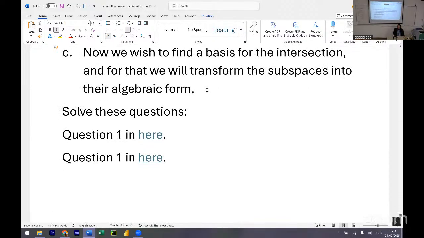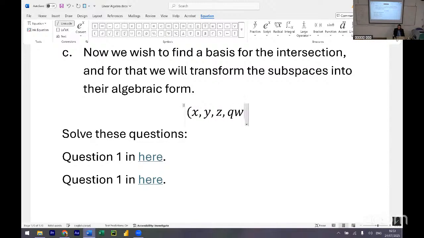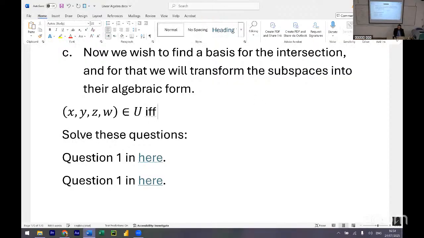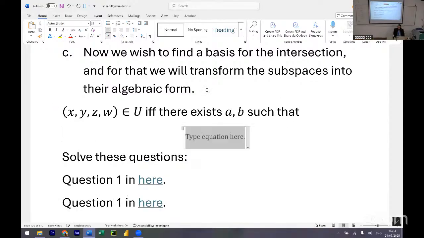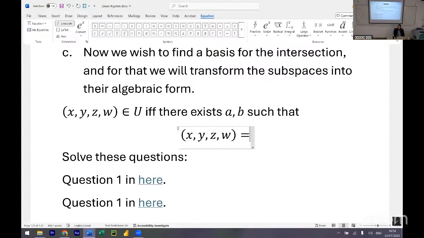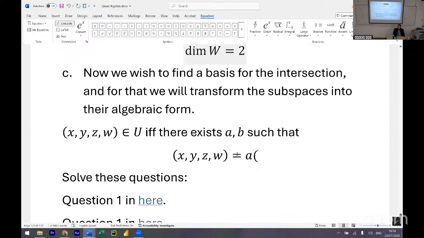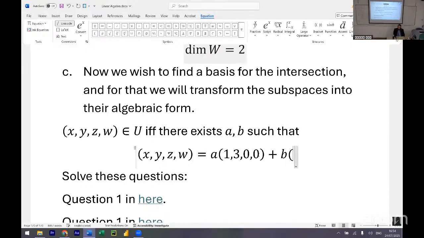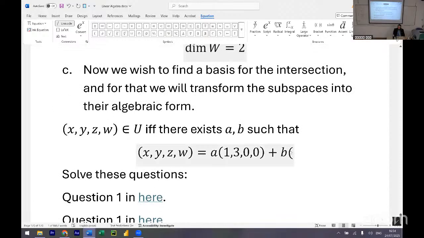So I'm writing x, y, z, w is within U if and only if there exist A and B such that x, y, z, w equals A times the first vector plus B times the second vector.